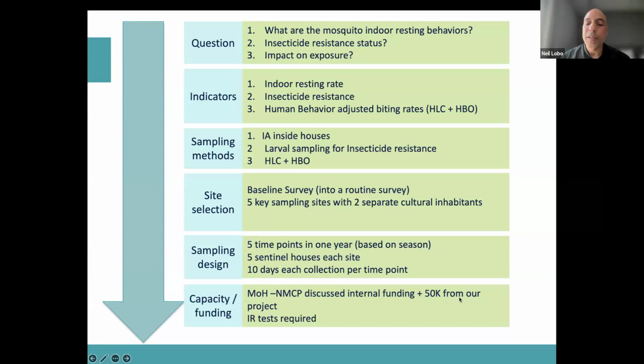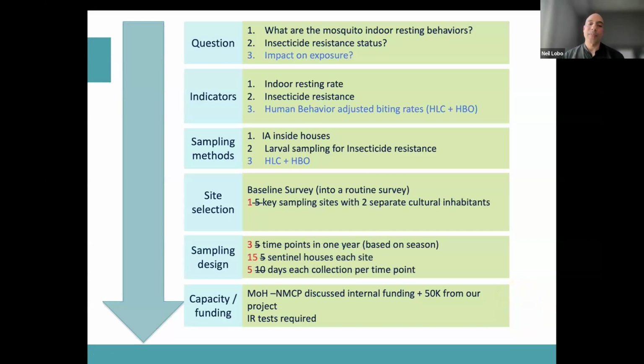We had only $50,000 again, and we could not afford it. The Ministry of Health did say that insecticide resistance tests were required for this because they had been conducting IRS for 20 years. And so we had to redo our entire strategy based on the question.